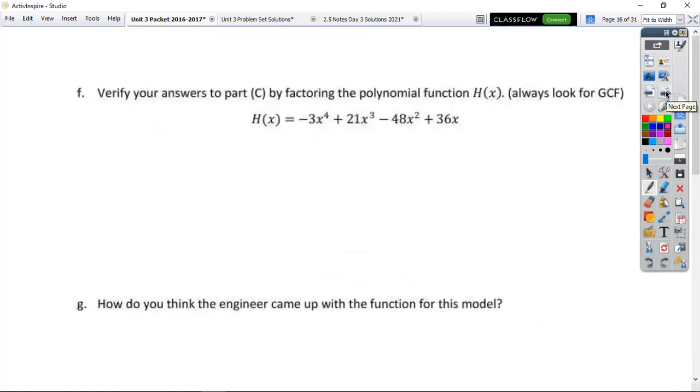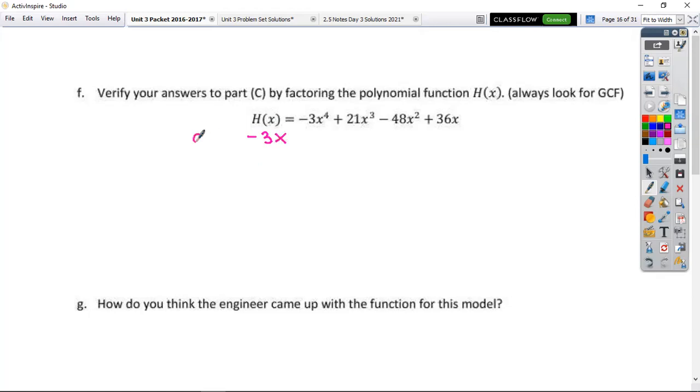All right, so now it says verify your answers by factoring the polynomial. So here's your original polynomial. We are going to begin by taking out your GCF. So if you look at this, what is everything divisible by? 3. Yeah, and then when you have this negative in the front, I'm going to actually pull the negative with it. And do they all at least have an x in them? Yep.